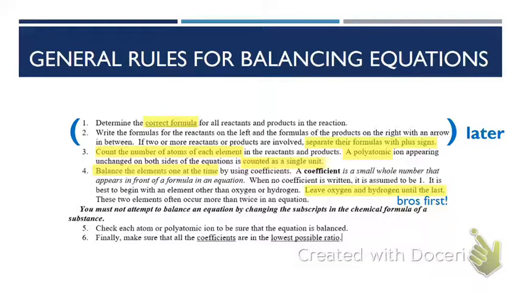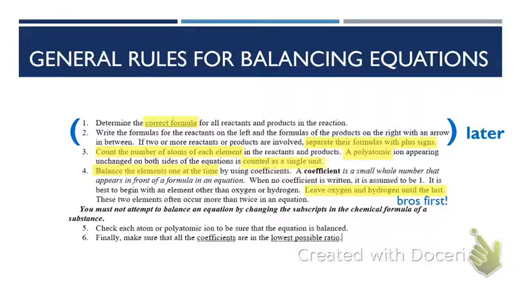Everything on the periodic table is your bro, except for those H's and O's. We take care of our bros first, and then our H's and O's can go last, because they get into everything and make a big trouble and make everything harder to balance. So I'm not going to say that rule out loud, but you might have just remembered it to yourself. Bros first, and then take care of your H's and O's last.